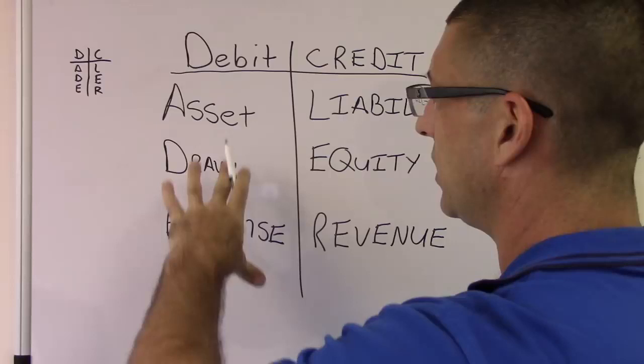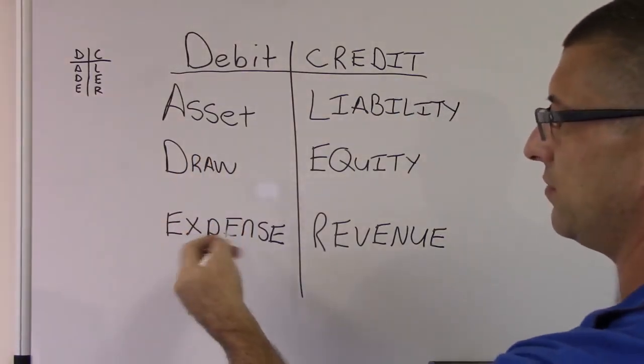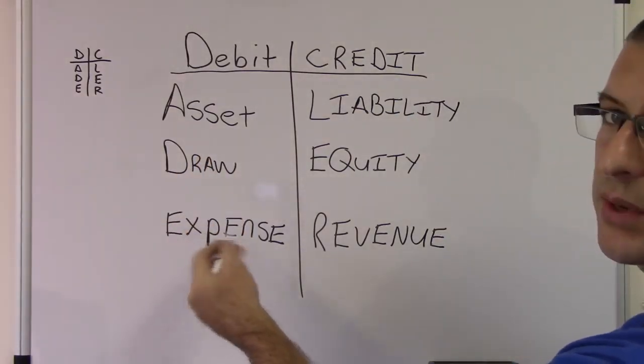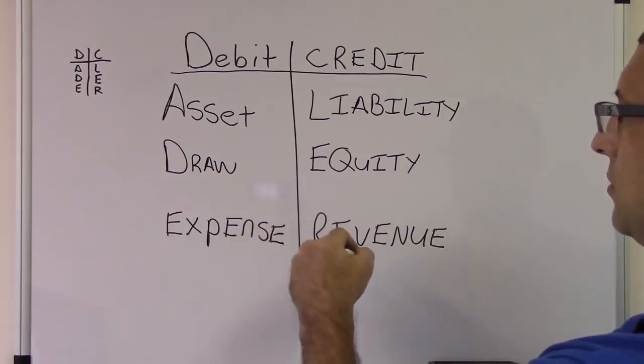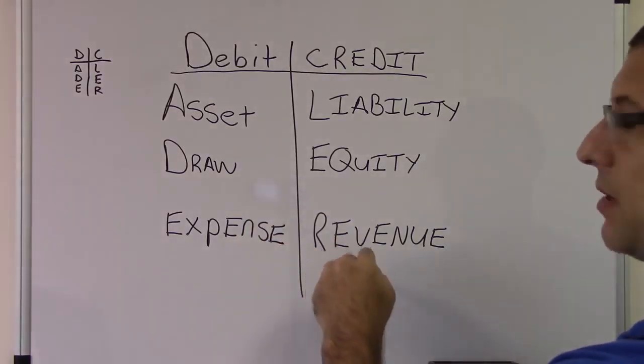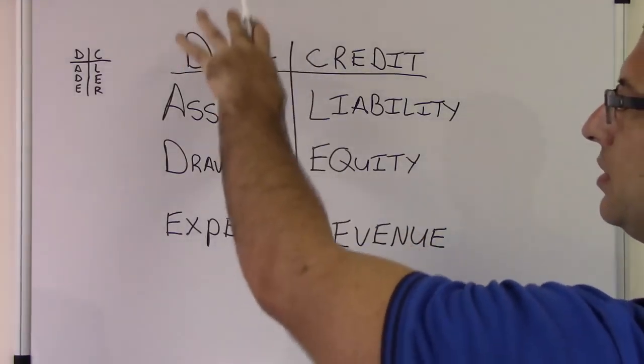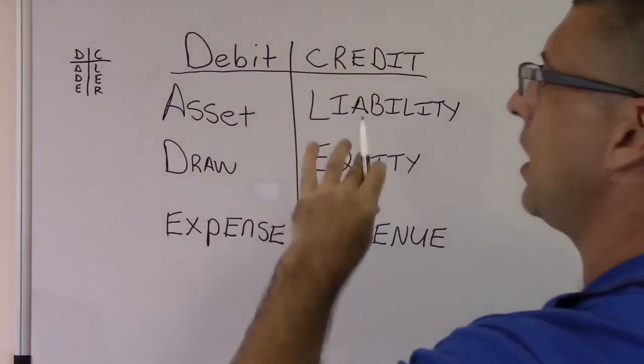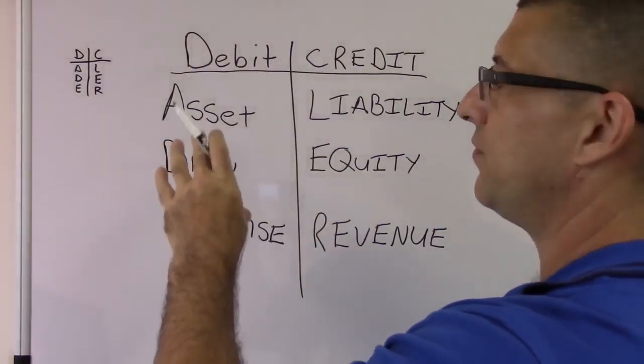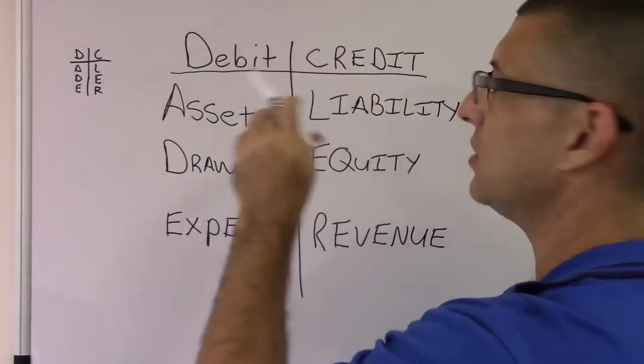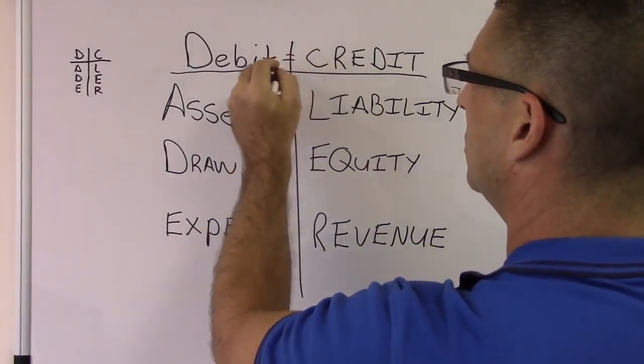You might have 20 debits. A lot of times you will have 20 or 30 expenses and money coming out of the bank over here. So you might have 20 debits, one credit. And no matter how many different entries you have on each side, it's always going to equal.